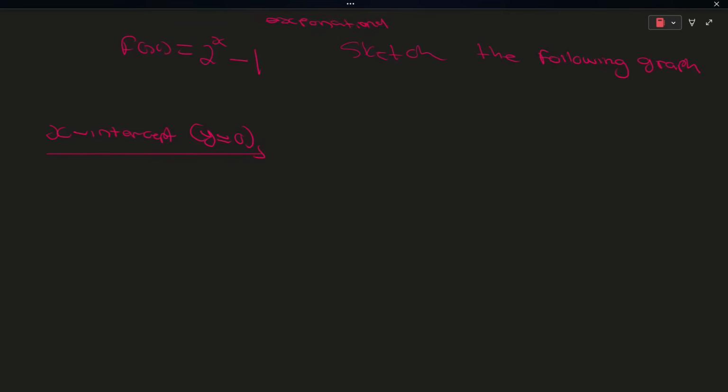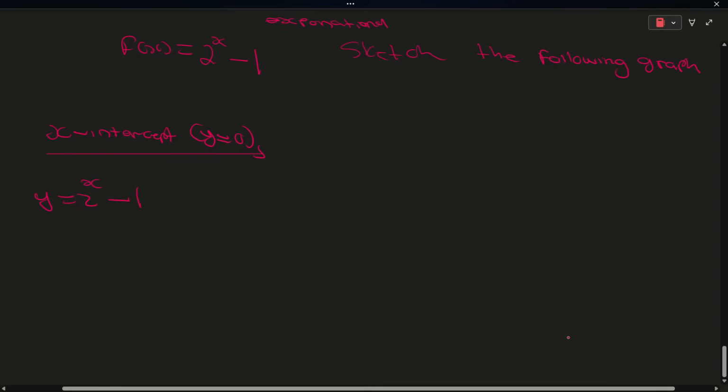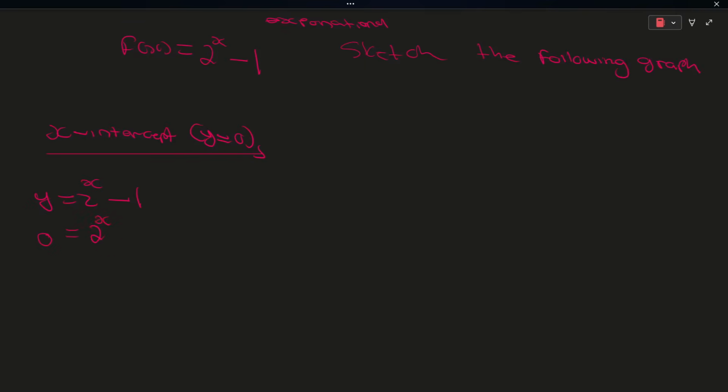So let me write this exponential graph. Now I'm going to have y is equal to 2 to the power of x minus 1. Where there is y, I must substitute 0. Then it's going to be 0 equals 2 to the power of x minus 1.